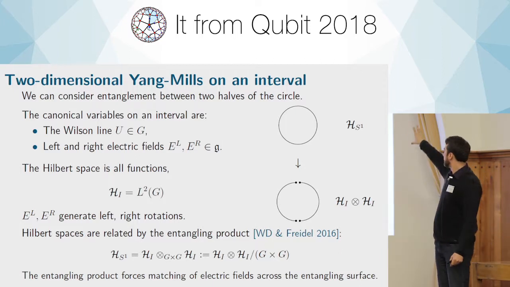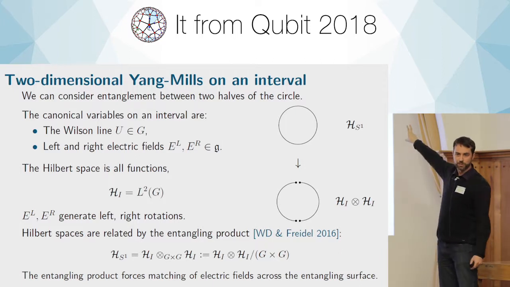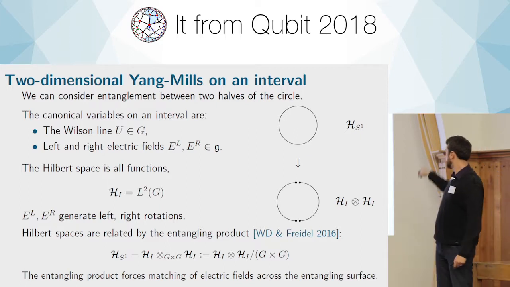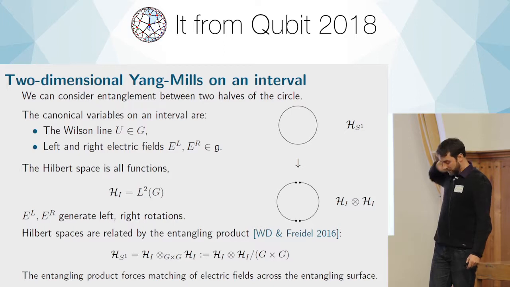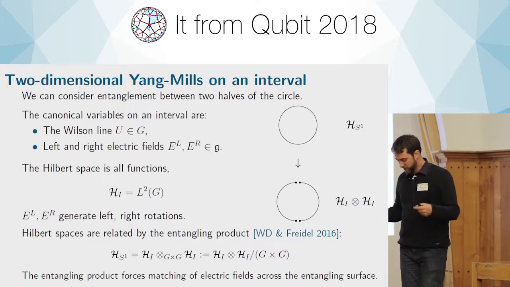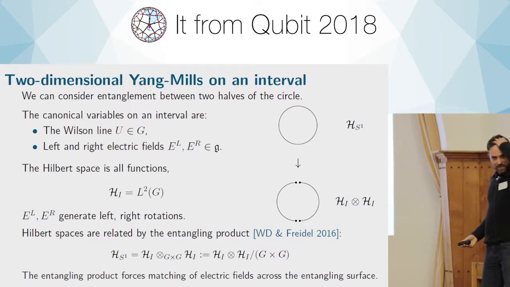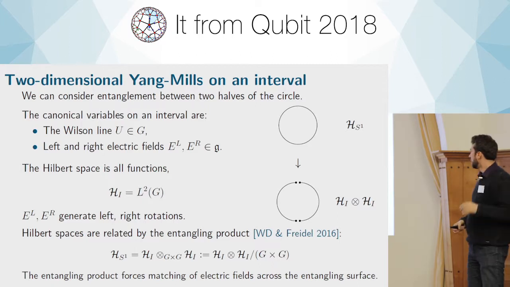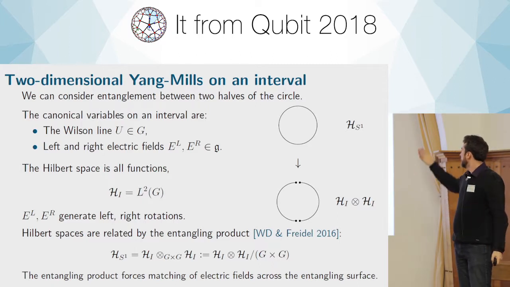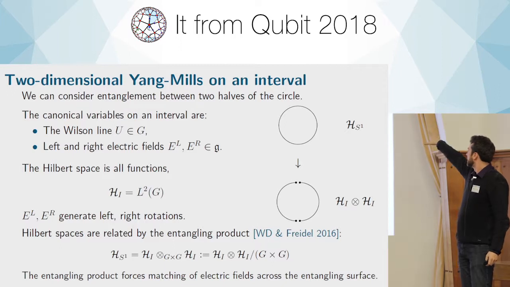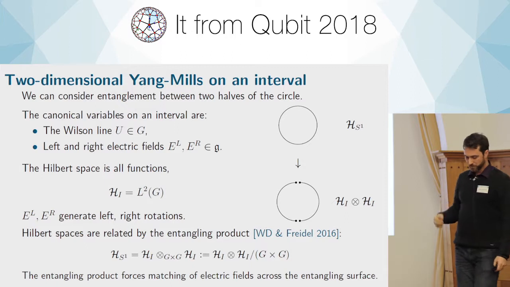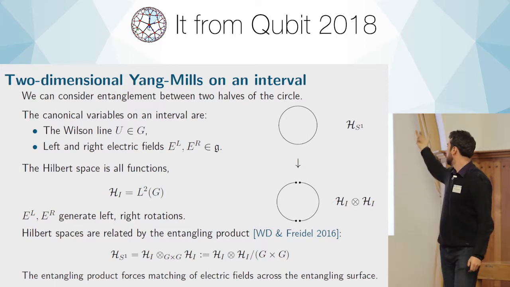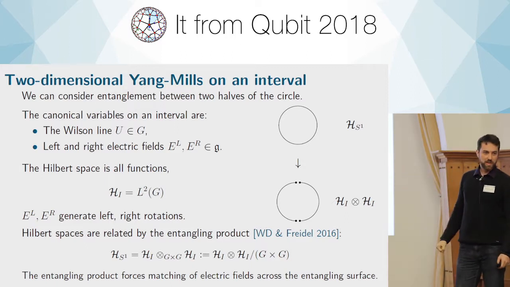Now, there's another thing that we have to say, which is how the Hilbert space of the circle embeds into two copies of the Hilbert space of the interval. That's a construction that I think both Sandeep and Daniel talked about yesterday. Of course, this Hilbert space doesn't split as a tensor product, but there's a natural way to embed this space into the larger space.